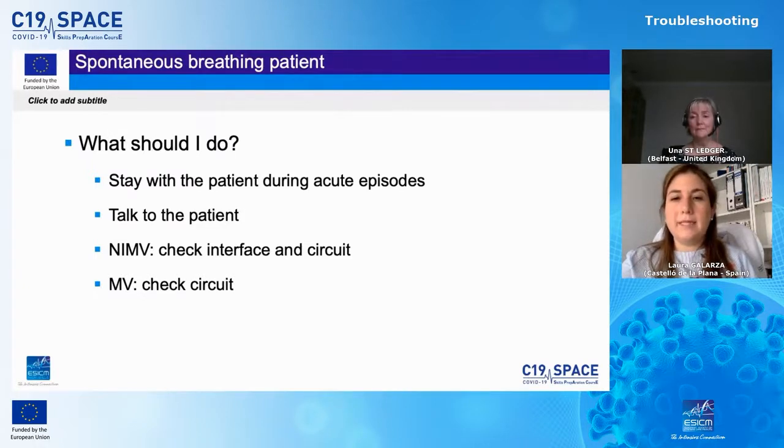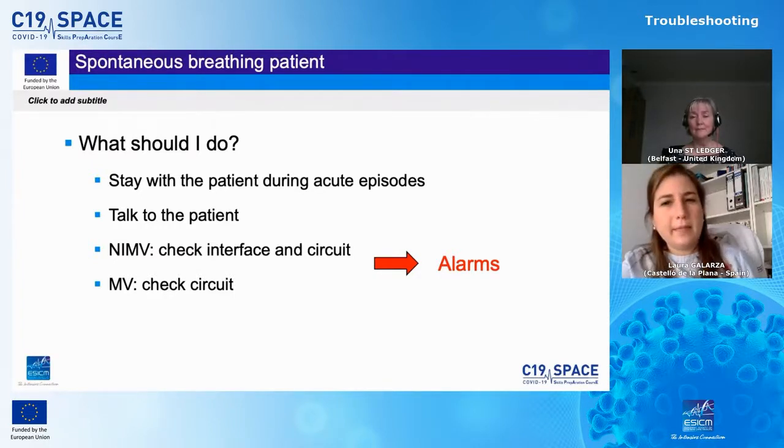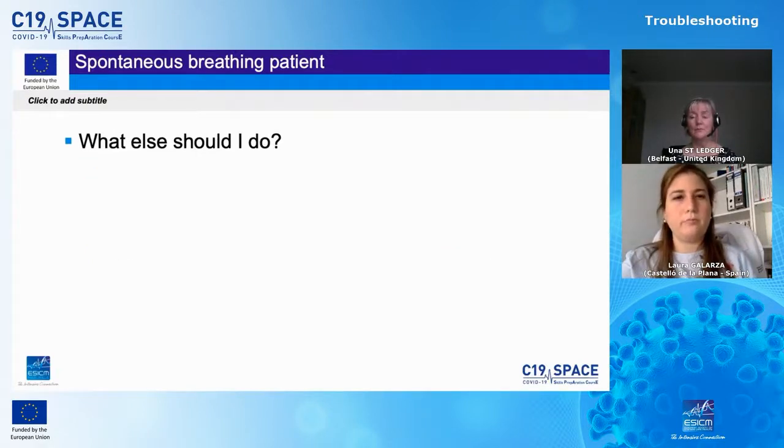It will show some alarms that can give you clues of what's happening, but we will review the alarms a little bit later. Sometimes the problem is with the machine and not with the patient per se, so we have to keep that in mind too.